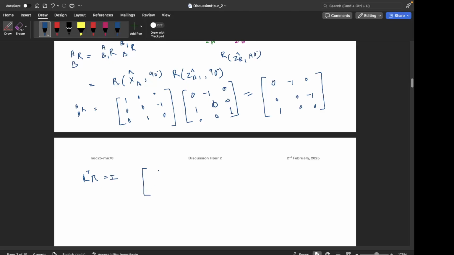So then you can see that R transpose would be 0, 0, 1, minus 1, 0, 0. This would be 0, minus 1, 0, and this should be 0, minus 1, 0.